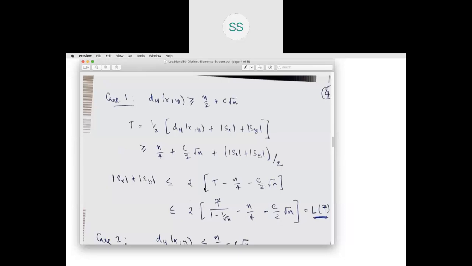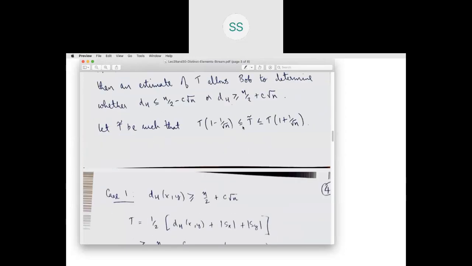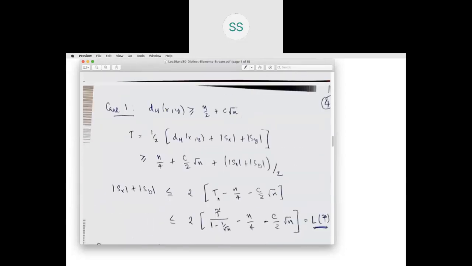Now we know that, using the first inequality, t is less than or equal to t tilde divided by 1 minus 1 by square root n. So t is less than or equal to t tilde divided by this, because recall Bob does not know t exactly, he only knows an estimate of t, right?